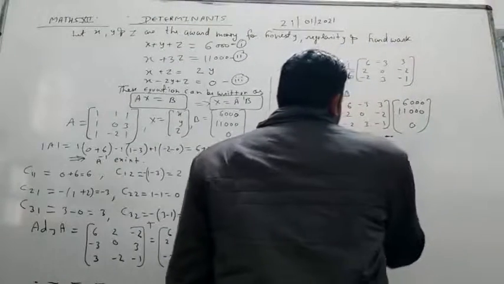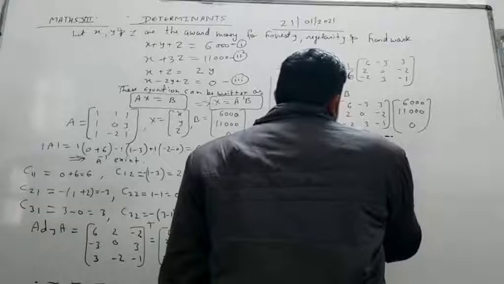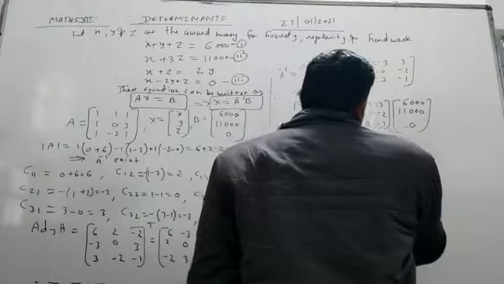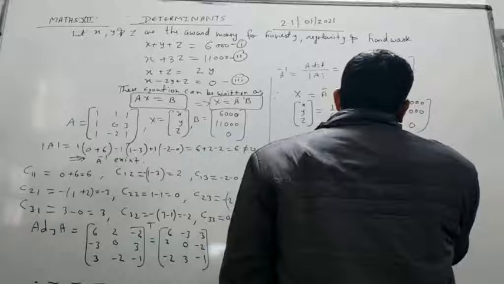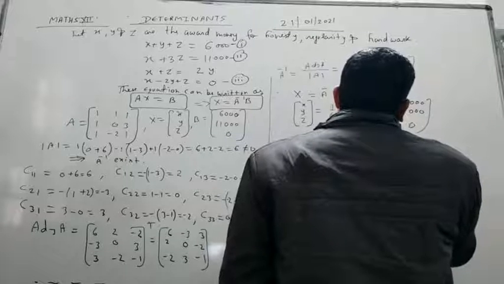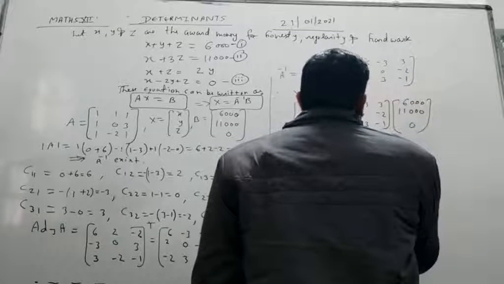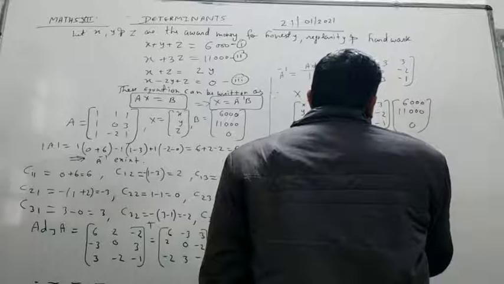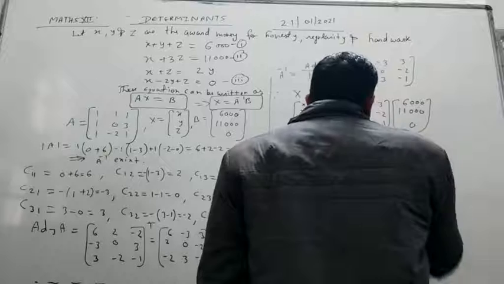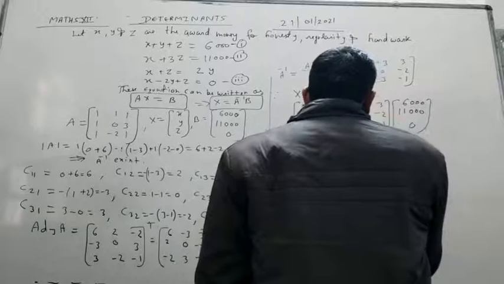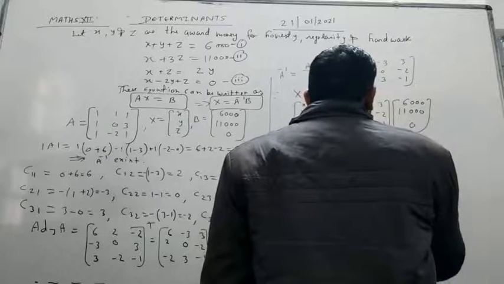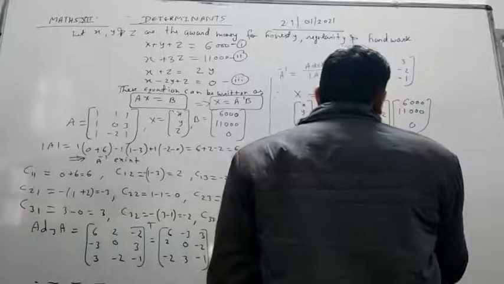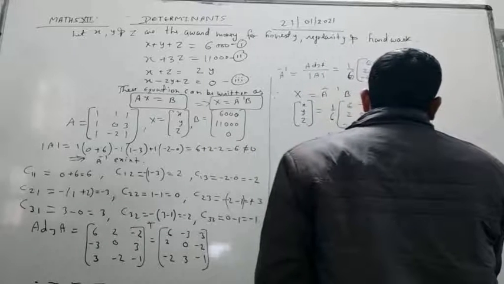Okay student, now we will multiply this first row, first column, second row, first column, third row, first column. Okay, so we write 6 times 6, 36, minus 33,000, plus 0, and 12,000 plus 0 and minus 0, minus 12,000 plus 33,000 and plus 0.